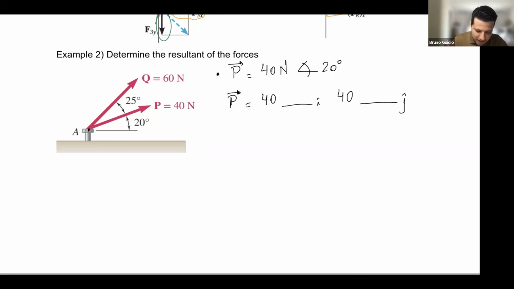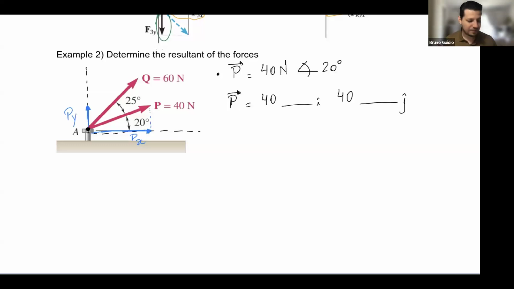If we consider this right here, and we're going to talk about the vector P, we're going to have this projection here, which is going to be Px, and this projection here, which is going to be Py. And we are talking about this angle here, theta, 20 degrees. First of all, I think it's much easier to visualize.